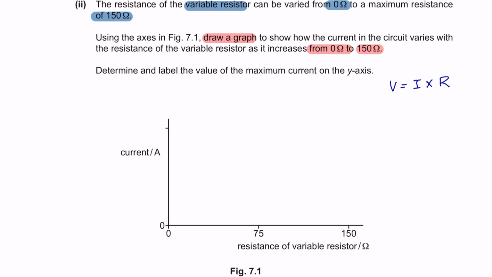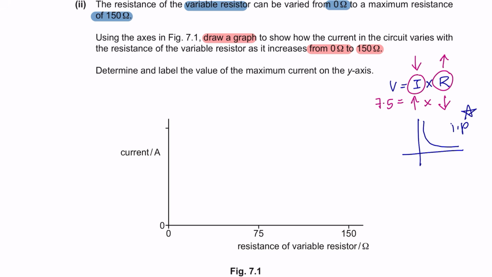According to Ohm's law, the relationship of current and resistance is inversely proportional. Since the value of EMF is fixed, as the value of current increases, the value of resistance will decrease, and vice versa. If the value of resistance increases, the value of current decreases. Therefore, your graph would roughly look like this. This is how an inversely proportional relationship should look.